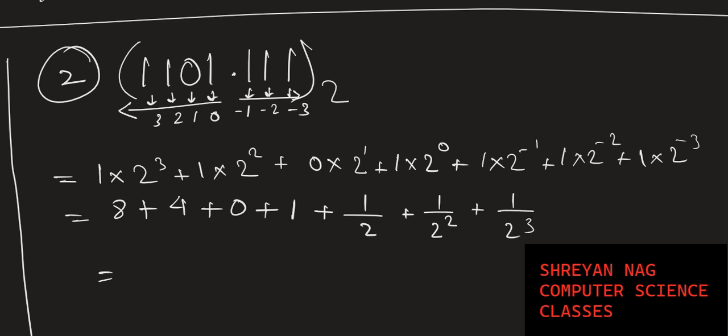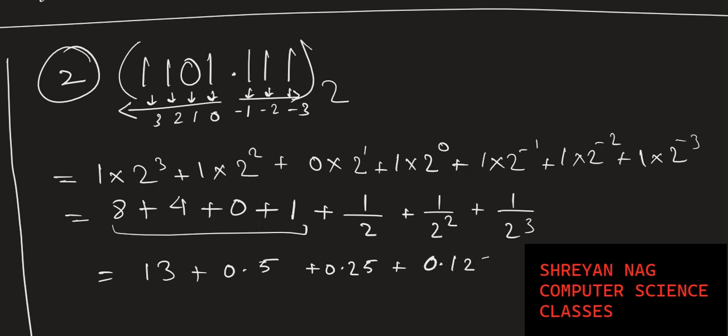So let us sum this up. It becomes here 13, and this half becomes 0.5, 0.25, and 1 by 2 to the power 3 is 0.125.